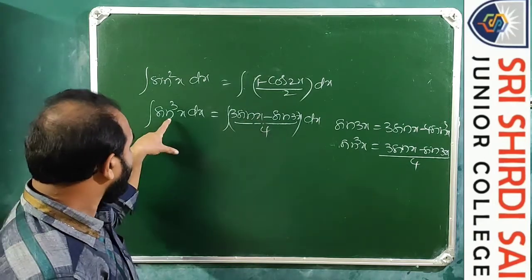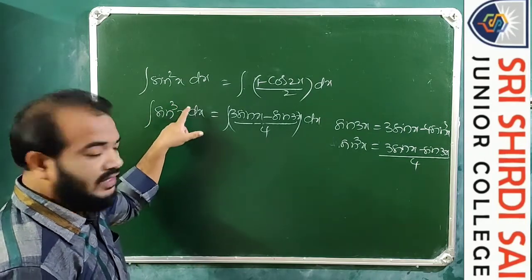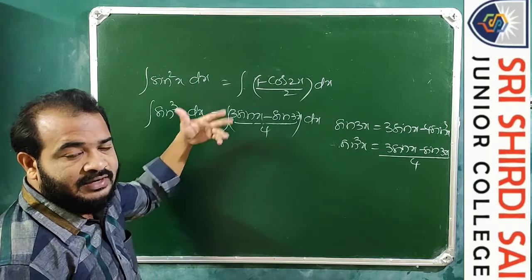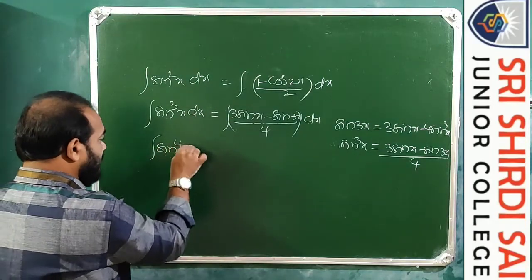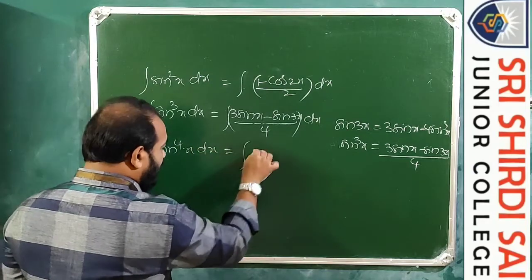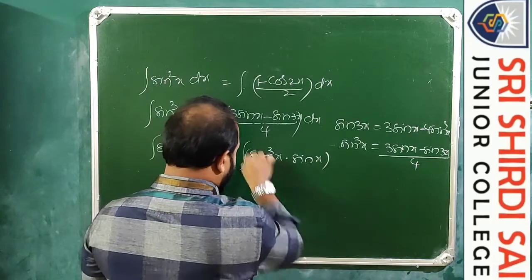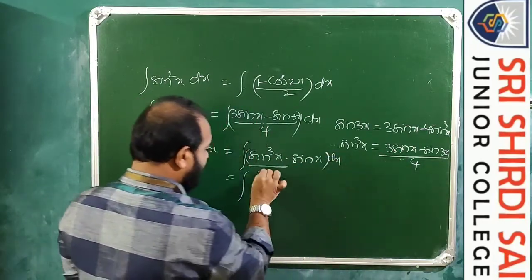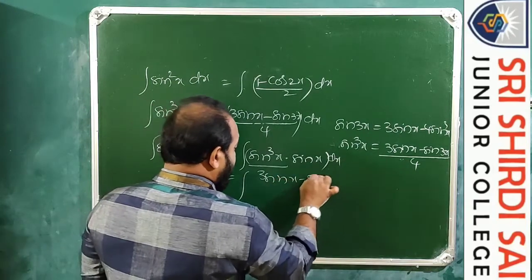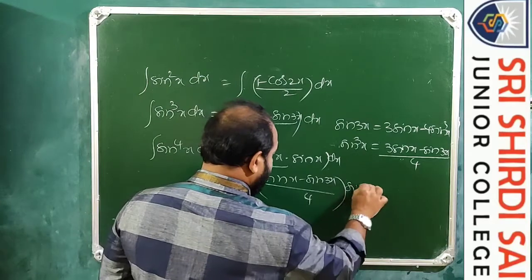But if sine is in terms of power, like sin^3 x, sin^4 x, sin^10 x, for example sin^4 x, this can be done as sin^3 x into sin x dx. And sin^3 x can be written as (3 sin x minus sin 3x)/4 into sin x.